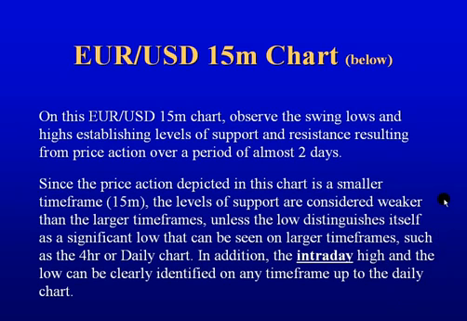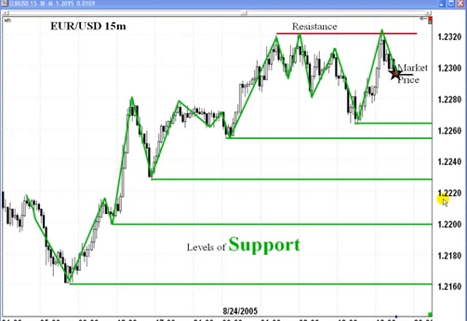Now we'll narrow it down to an even smaller time frame, which is a 15-minute chart. And here you see this date right here. This is the previous day, this is the current day, and so we only have roughly 1 to 2 days of price action on this chart, as each candlestick represents 15 minutes of time.